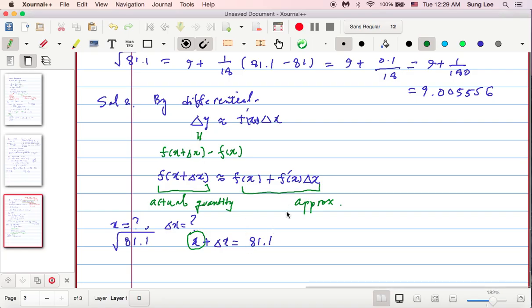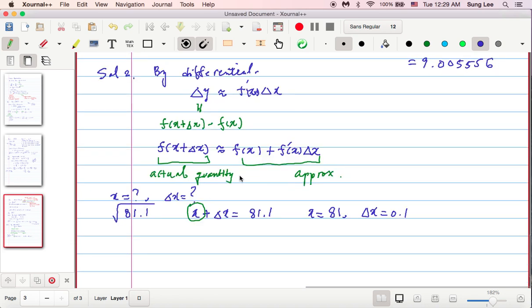And so, of course, we know what that is. Obviously, x is going to be 81. And once you choose x, then delta x is automatically determined. Delta x is going to be 0.1. So once you have these two quantities determined, we are set to go.